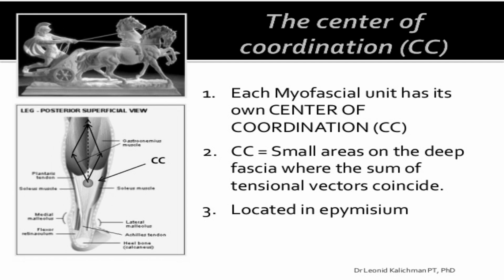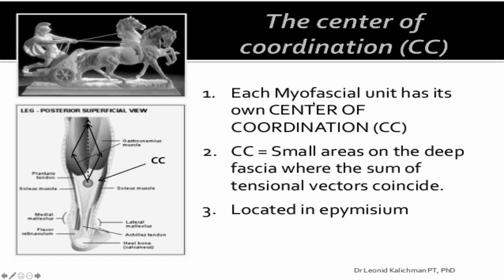With fascia, it creates tension points or tension lines. So if we look at the calf Achilles complex here, we have the Achilles tendon coming up, calf muscles here. Instead of just looking at the calf contracting itself, we need to consider where the point in the tendon is, where the force is going to be concentrated, right?